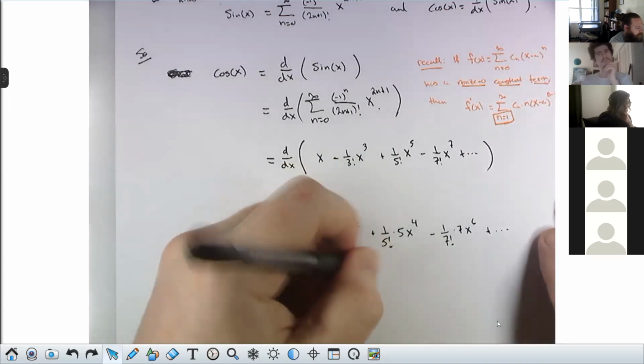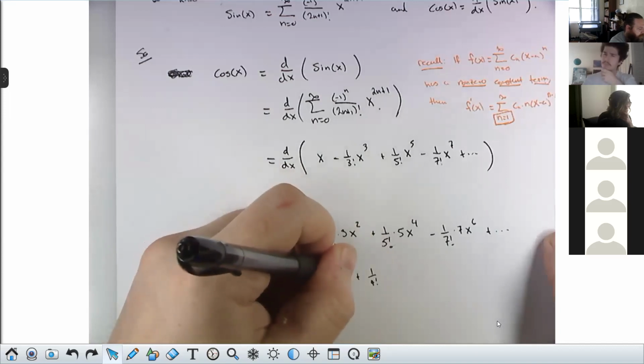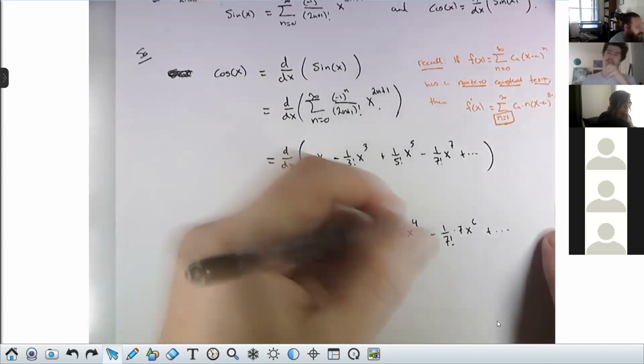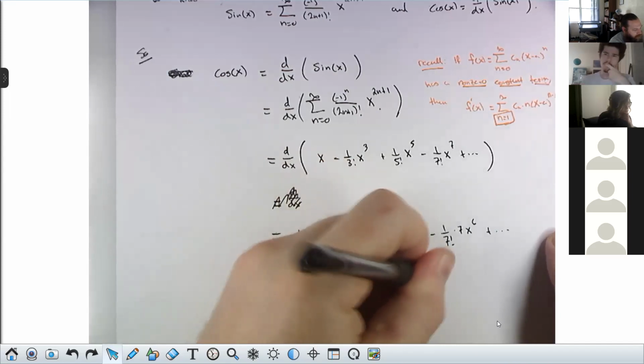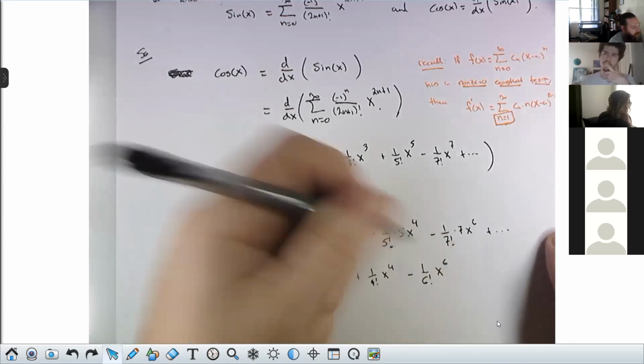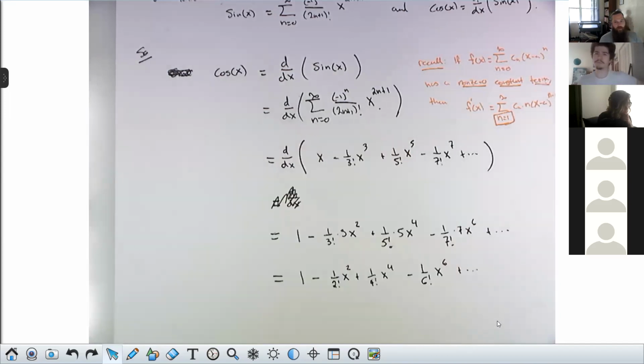You take 5 factorial and divide it by 5, you get 4 factorial. So this is 1 over 2 factorial x squared plus 1 over 4 factorial x to the 4 minus 1 over 6 factorial x to the 6, and so on. Think about it. 5 factorial is 5 times 4 times 3 times 2 times 1. So when you cancel one of those 5s, you're left with 4 times 3 times 2 times 1.